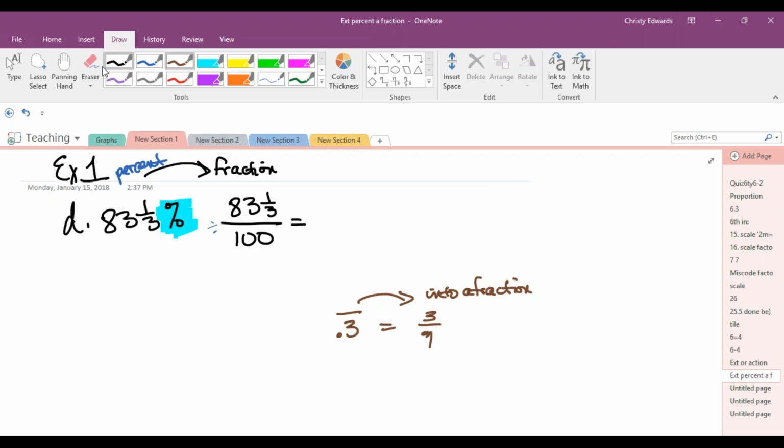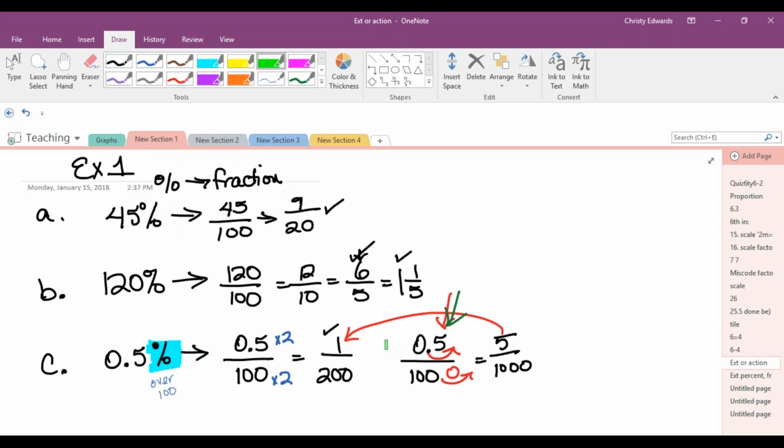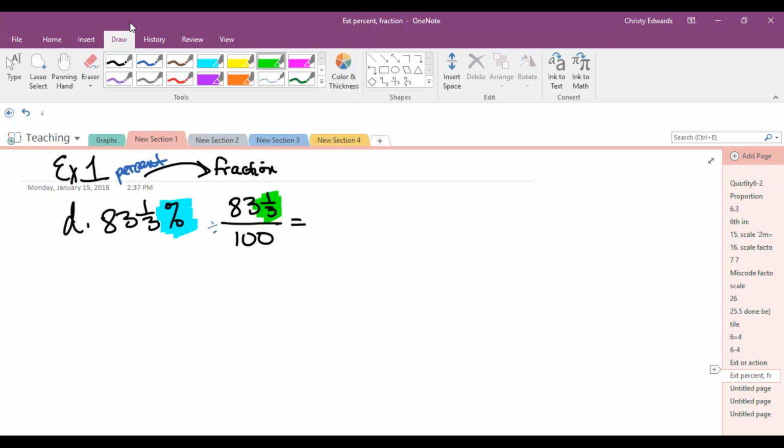This question was not that at all. This question was, I'm telling you I've got 83 1/3%, which is 83 1/3 over 100, and I want you to clean it up, which means let's not have a fraction mixed in. To try to turn that fraction to a decimal would give you 0.3 forever, which means you would have to spend forever moving the decimal over in the top and bottom trying to clean it, and it wouldn't work. You'd spend forever doing it, so that's not an option.